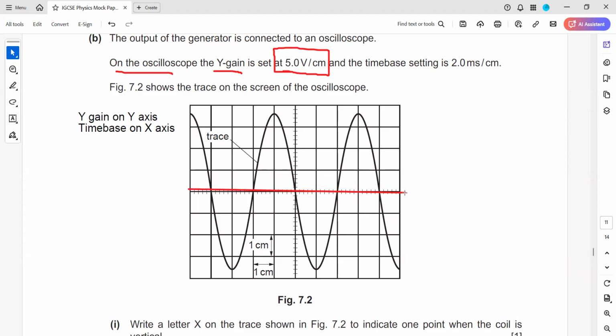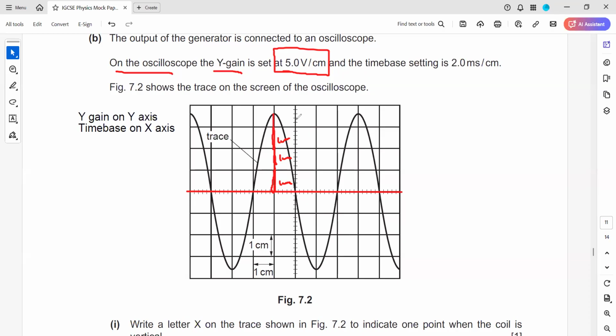You can take the vertical height, or you can take the depth. Now measure how much in centimeters this is. This is one box, which is 1 centimeter. This is another box, another 1 centimeter, total 2 centimeters. This is another box, 1 centimeter, so total 3 centimeters. And what is this height?